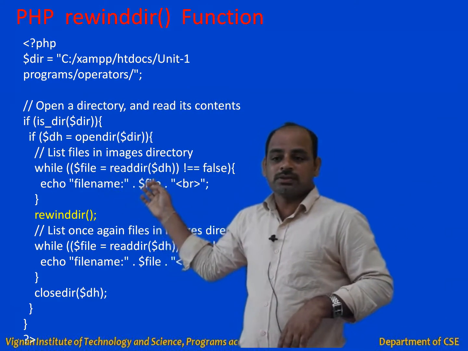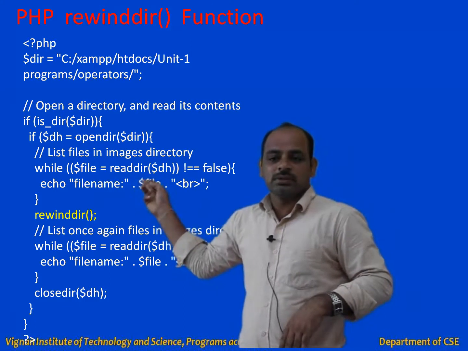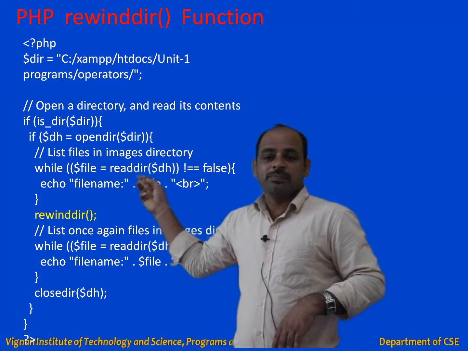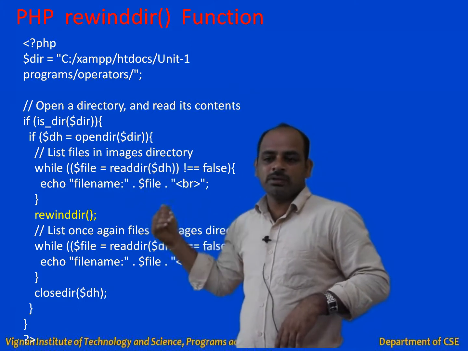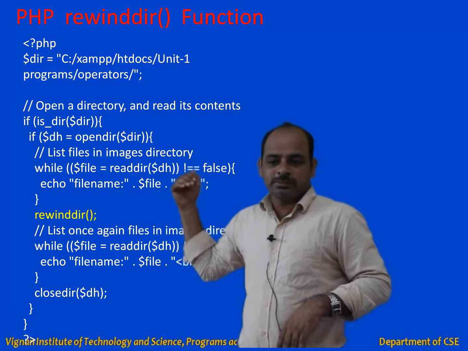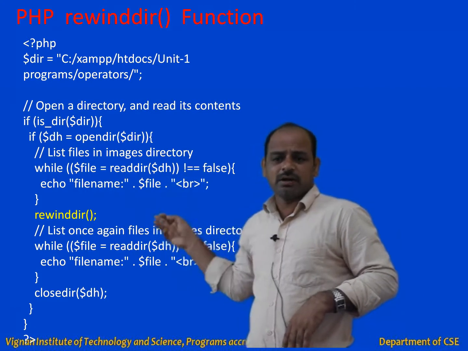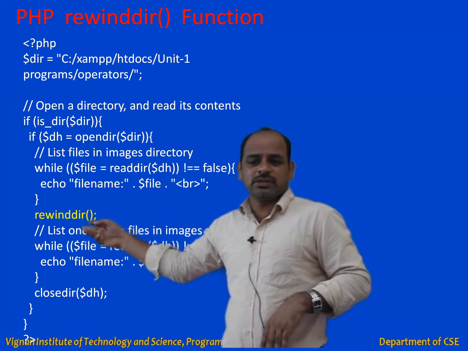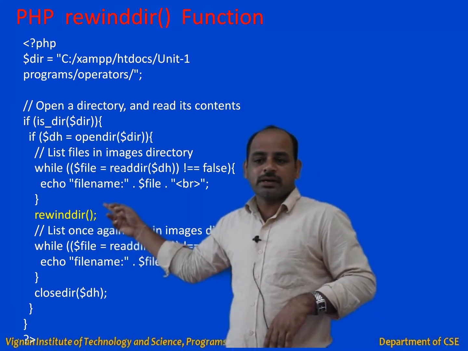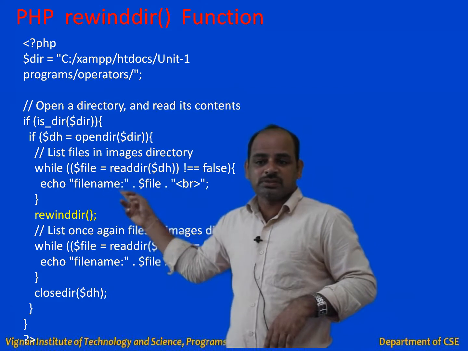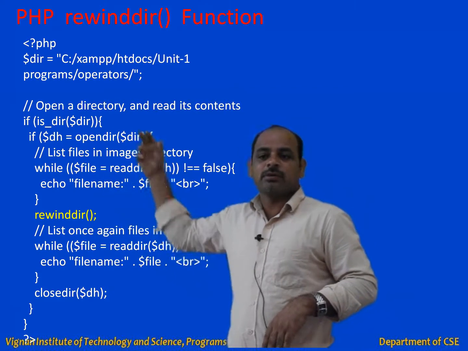Once it reads the content of the operators directory, because we are using a while loop, every time it reads the content, the directory handle moves to the end of the directory. After that, I am using the rewinddir function. This rewinddir function resets the directory handle, which previously reached the end of the directory, to the beginning of the directory.